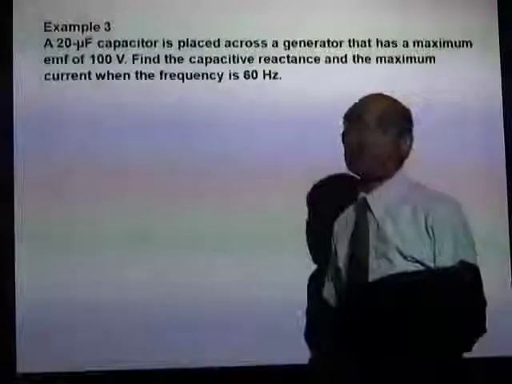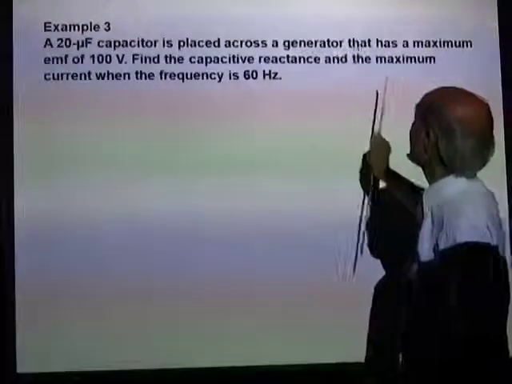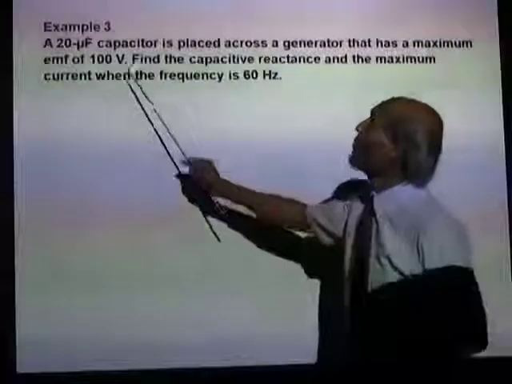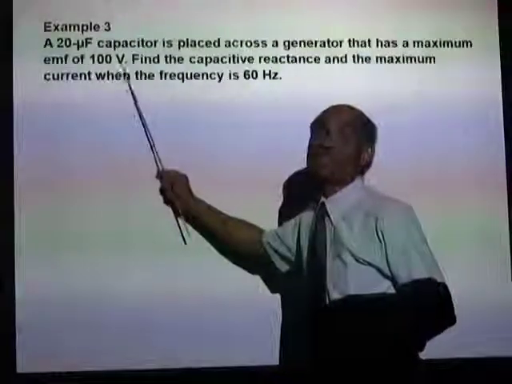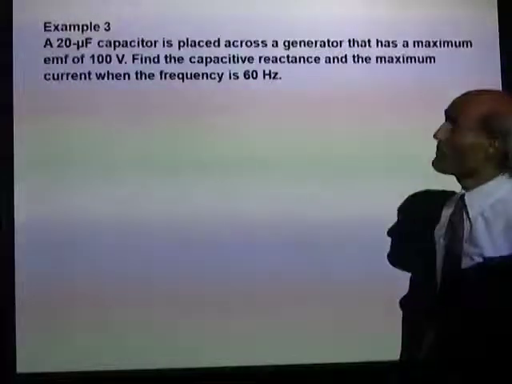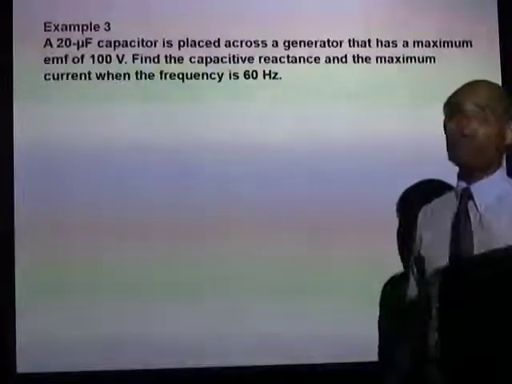Another example. A 20 microfarad capacitor is placed across a generator that has a maximum EMF of 100 volt. That is the Emax. Find the capacitive reactance and the maximum current when the frequency is 60 Hz.